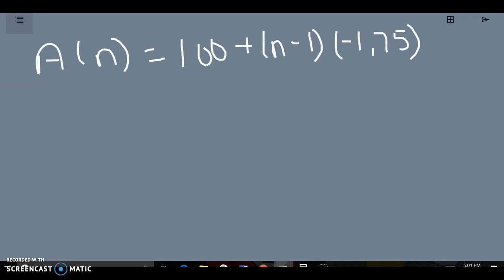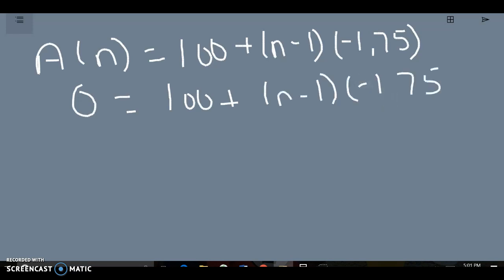Okay, so apologize for that. I had to clear out my board. So I'm going to find out when I want to find n when I don't have any more money, right? So when my a sub n is equal to 0. So let's plug in 0 here, and I'm solving. So I have 100 plus n minus 1 times negative 1.75.